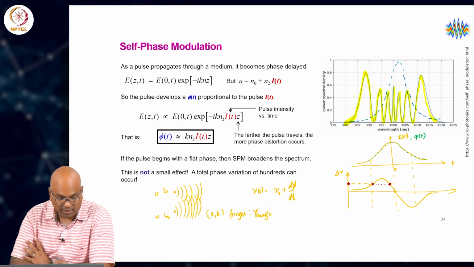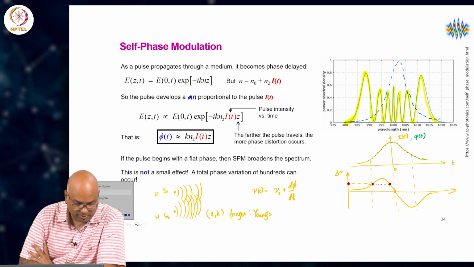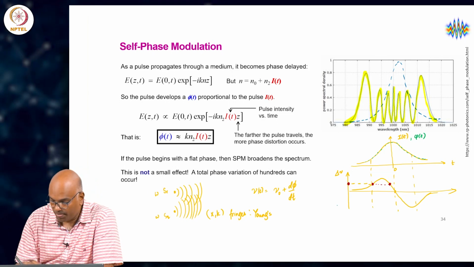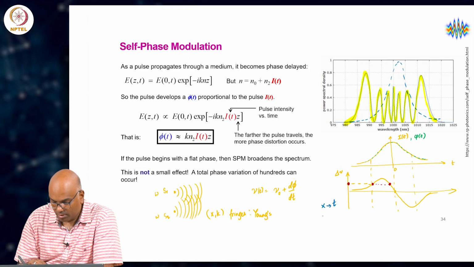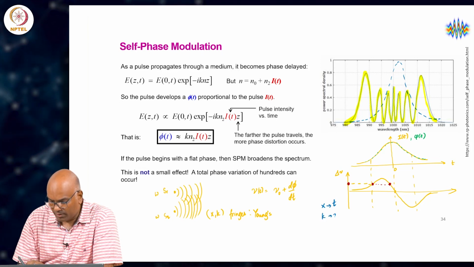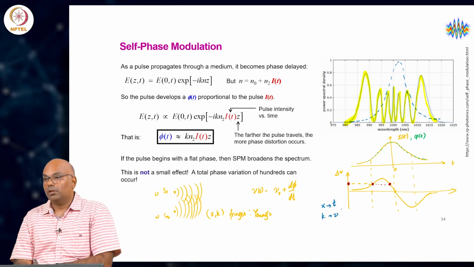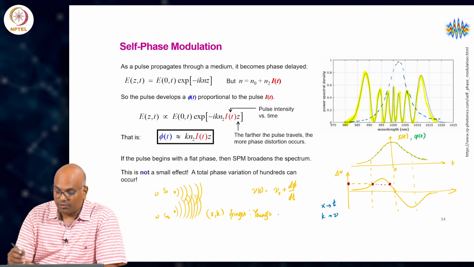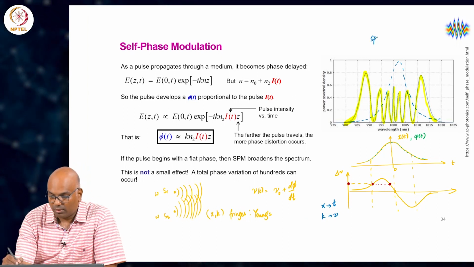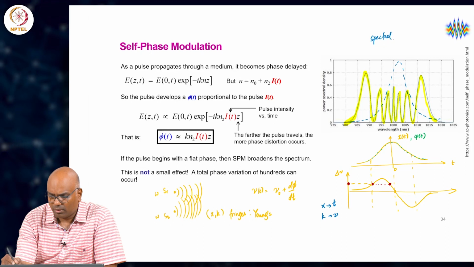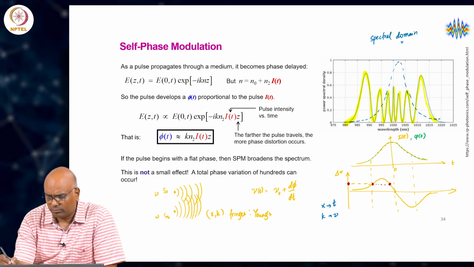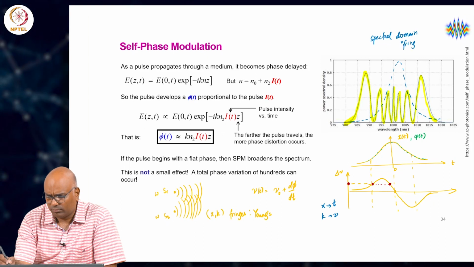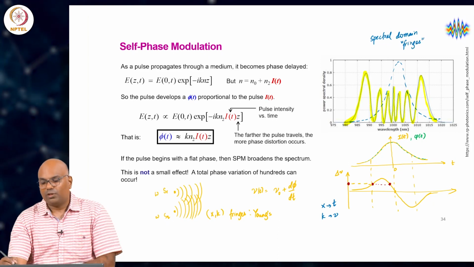Now, in this case, x is replaced with t and k is replaced with nu or omega. So, therefore, analogously we should see spectral domain fringes.